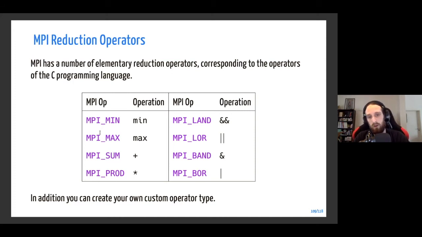You can do MPI L AND or L OR for logical AND and OR operations, or you can do this bitwise with MPI B AND or B OR respectively. You can create your custom operator type if you wish, but this will not be covered. This is way more advanced MPI. But if you need to, you can explain to MPI how to perform a custom reduction.